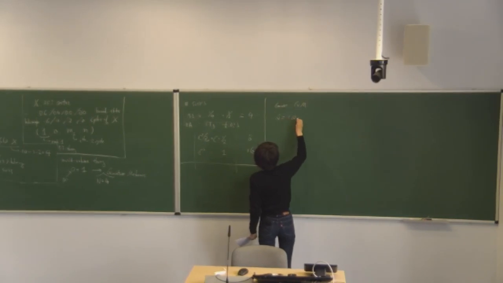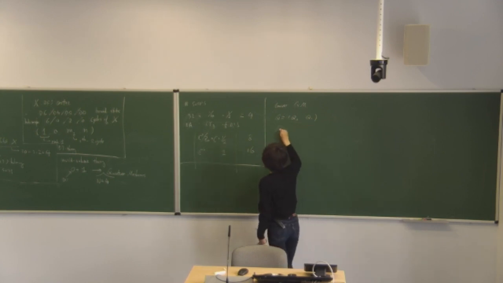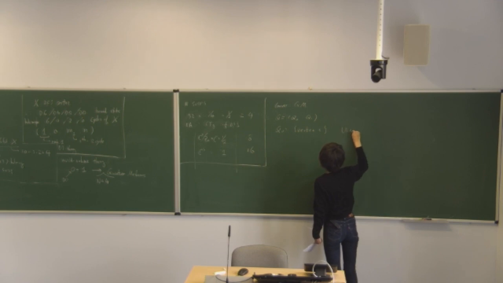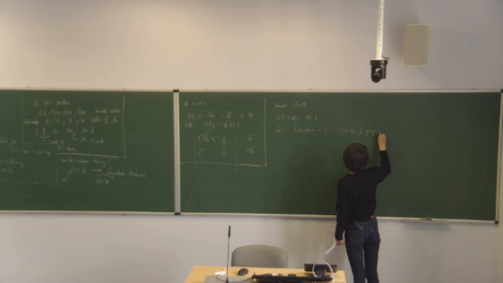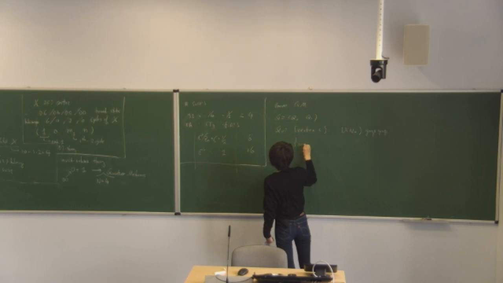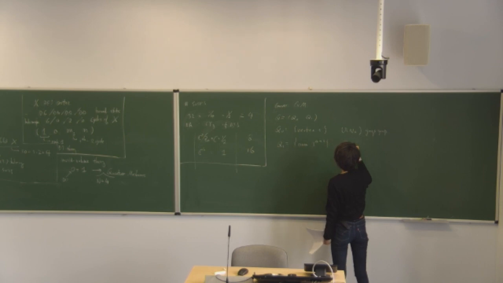Remember that the quiver has a bunch of vertices and arrows between these vertices. For each vertex A, that will correspond to a U(N) gauge group. And for an arrow that goes from A to B, that will be a chiral bifundamental field.